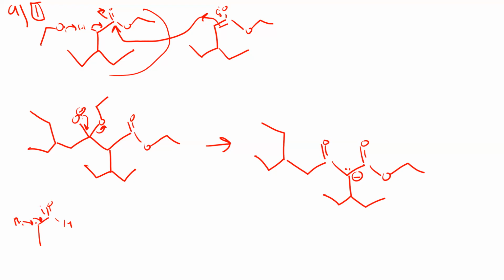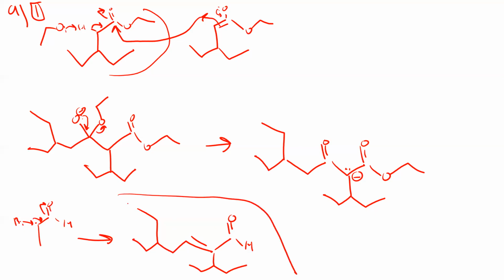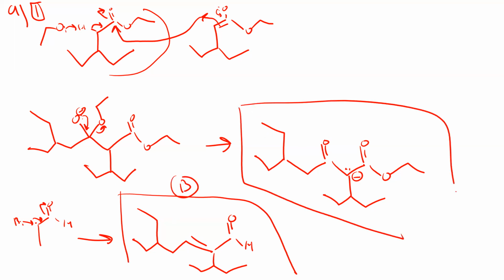It's going to come here, and then it's going to do what we did with the second one. So if we follow the same steps, we're going to end up with this. This is the second part of the answer. This is part B, and this one is part A.